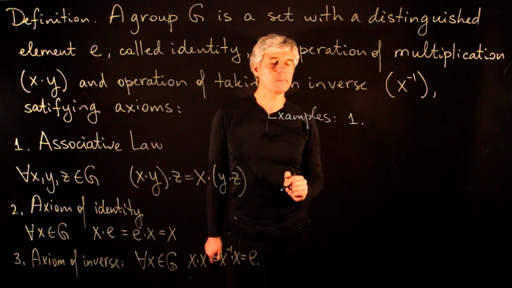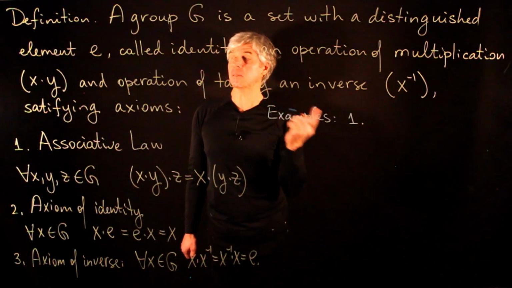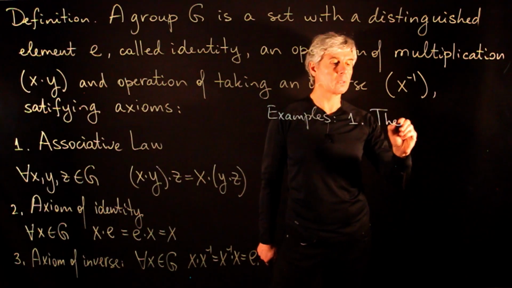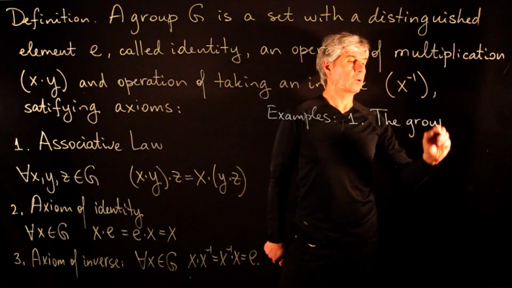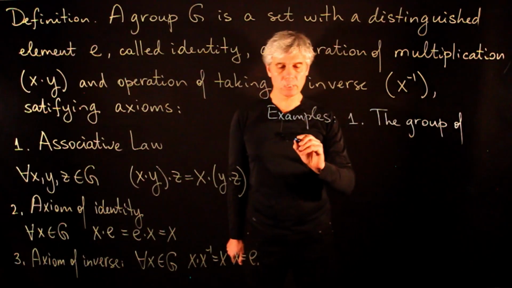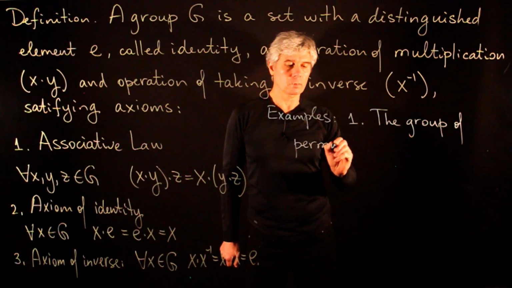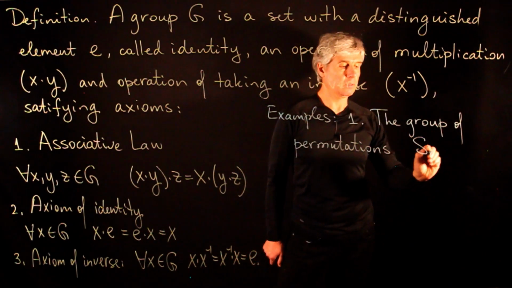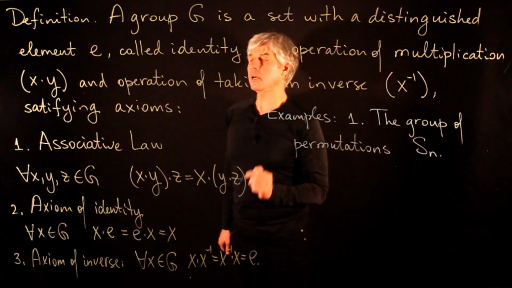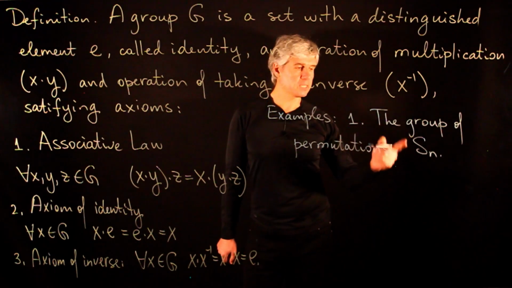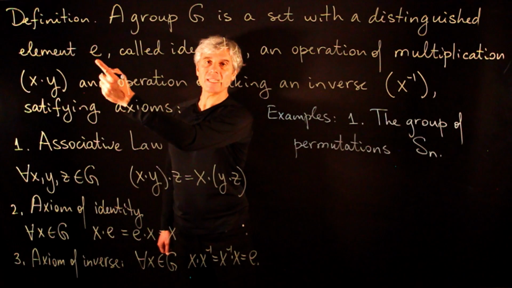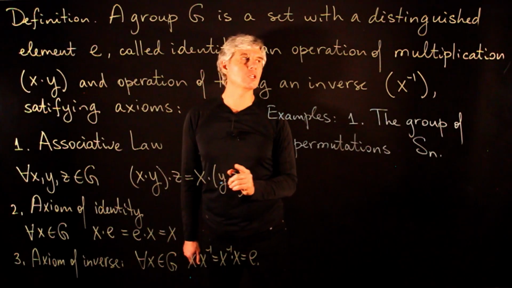Well, the first example is the one that we discussed today. So this is the group of permutations Sn. So what we saw is that on the set of permutations, we have a distinguished identity element, which is the identity permutation.